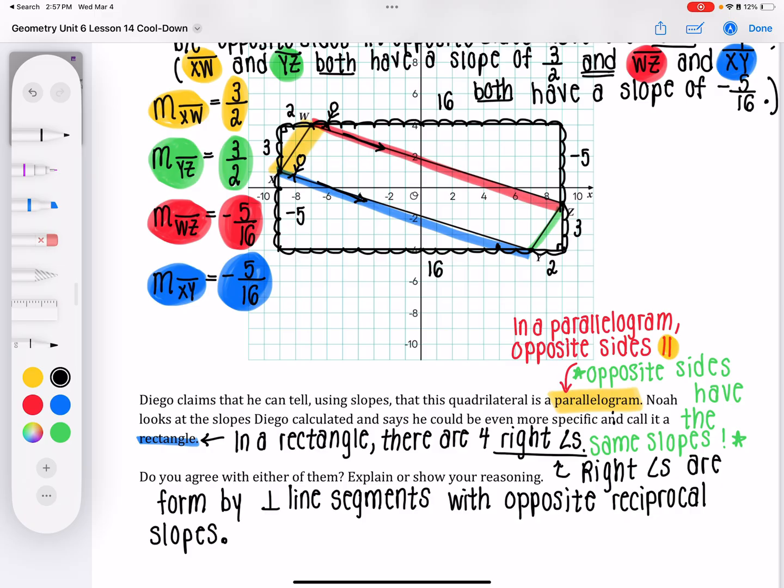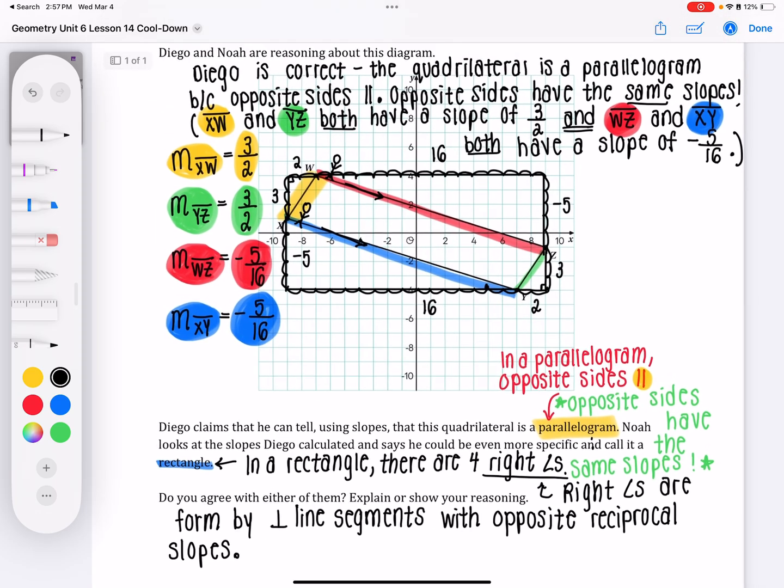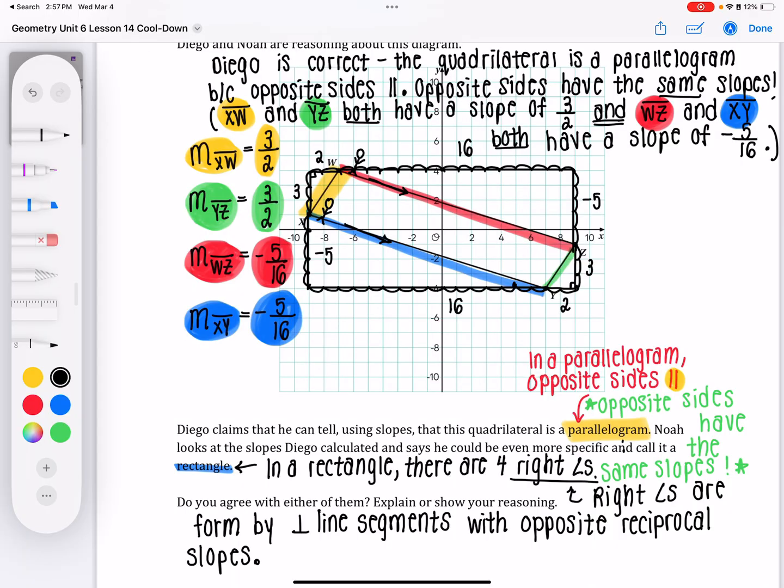So if the red and the blue line segments are perpendicular to the green line segment, they would also have opposite reciprocal slopes, forming a right angle. So it should have been a slope of negative 2/3. And again, they are not. They are currently at negative 5/16. So we're going to complete our coordinate proof by stating that Noah is incorrect, unfortunately.